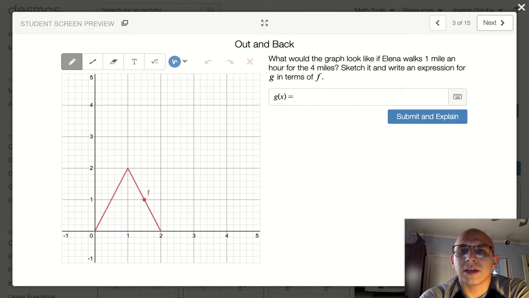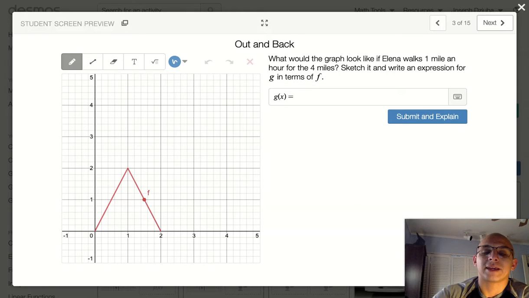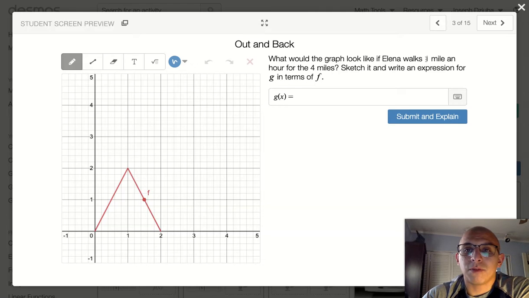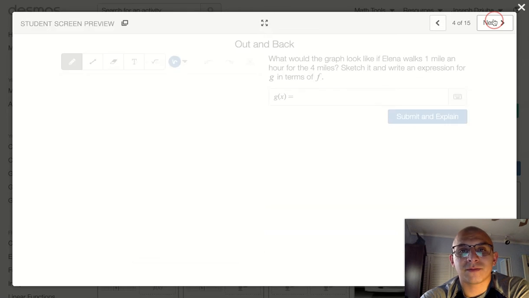What would the graph look like if Elena walks 1 mile an hour for the 4 miles, right? 4 miles in total because 2 miles out, 2 miles back in. But we're changing up the rate at which Elena is walking. Sketch it and write yet another expression for g in terms of f.